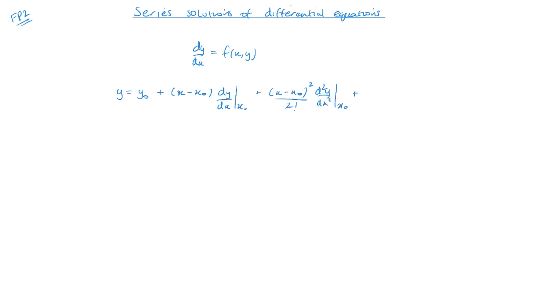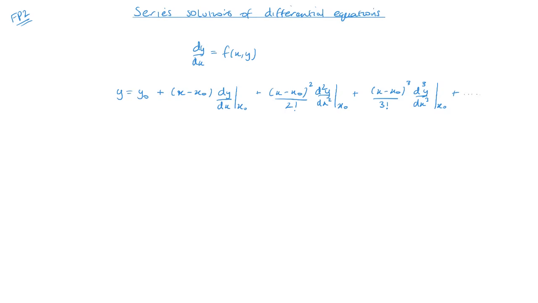And then you could probably guess what we're going to have next: (x minus x0) cubed over 3 factorial multiplied by d3y by dx cubed when x is x0, and so on. Okay, so that is the expansion form.